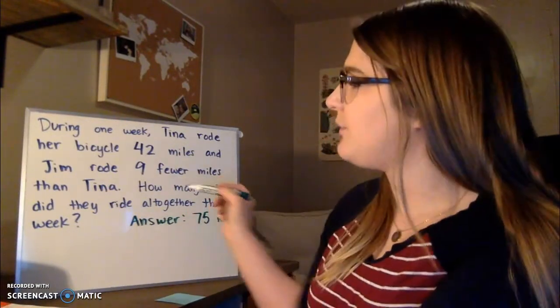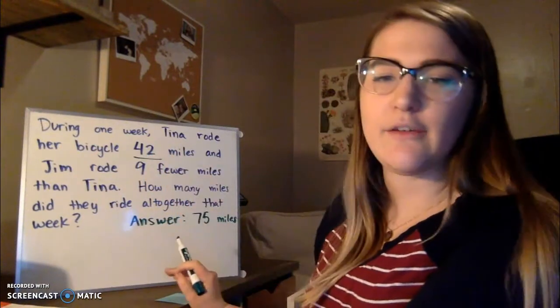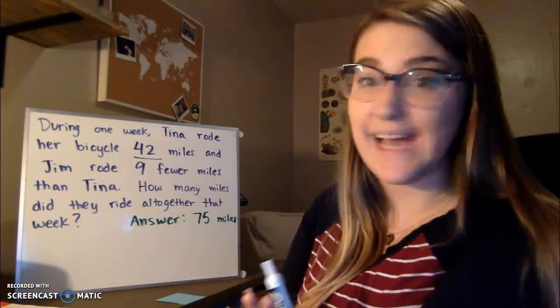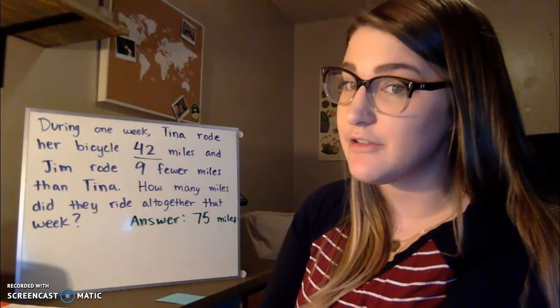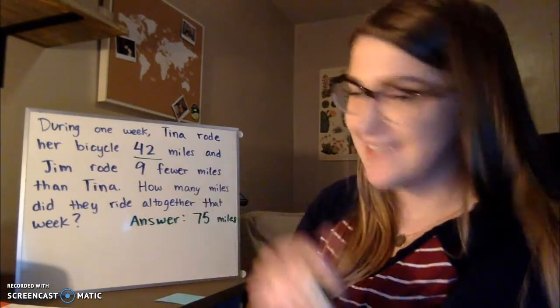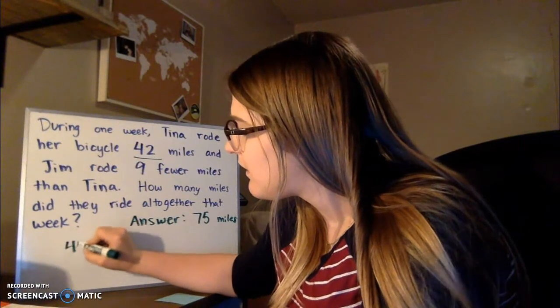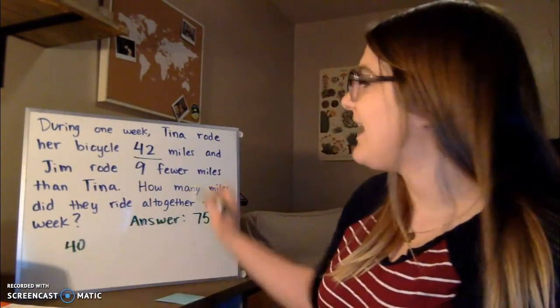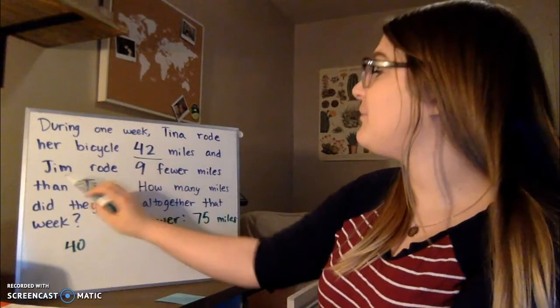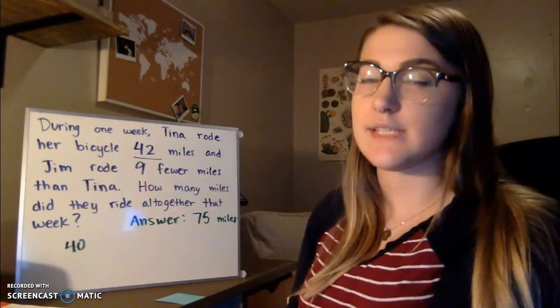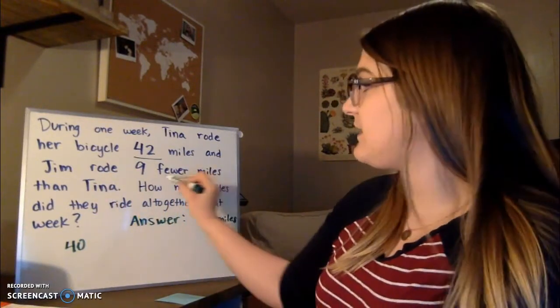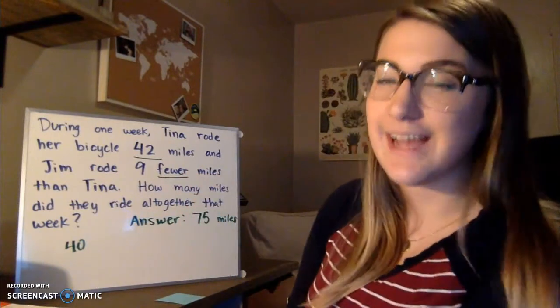Okay, so first, if we're doing 42 and we're rounding that to the nearest 10, what are we going to round it to? Yes, we're going to round it down to 40. All right, so Jim rode 9 fewer miles than Tina. So if we see the word fewer, what does that tell us?